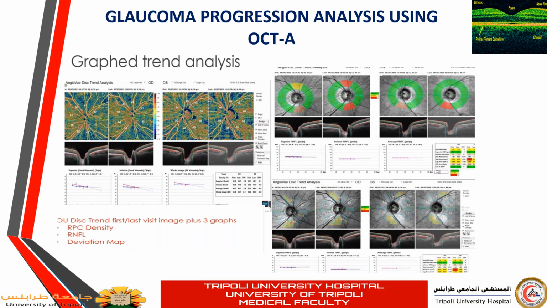In the event analysis, we follow point by point, and in the trend analysis, we follow the patient over a period of time so that we can see if there is any significant progression, and we can even expect the future of these patients. So the same principle that we use in the trend analysis and event analysis in the visual field testing as well as in the structural OCT, we can use in OCT angio. So it is a very helpful tool in following up the patients.